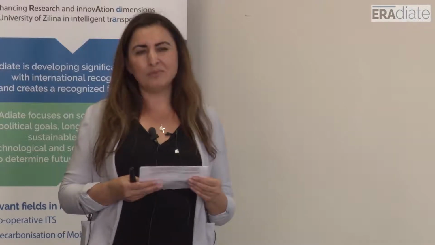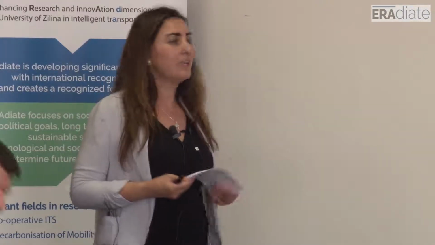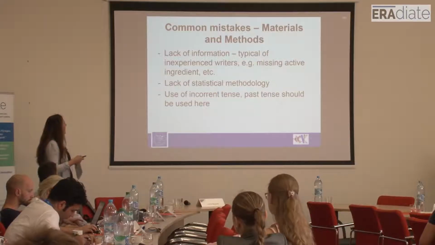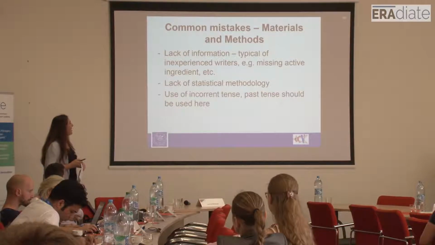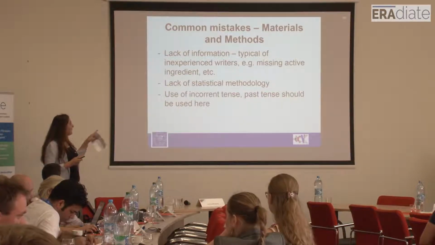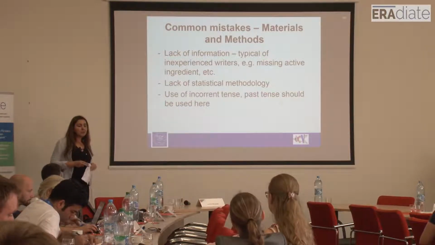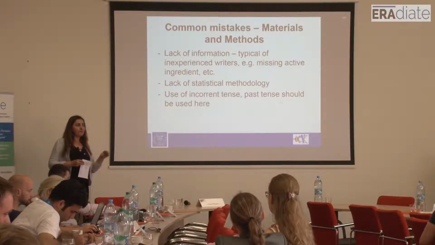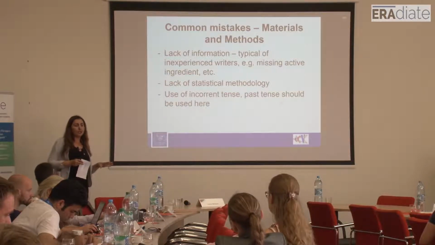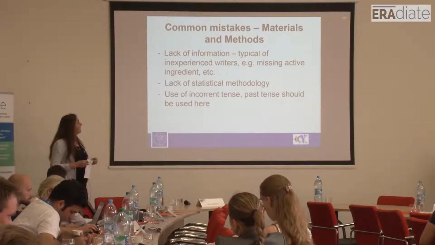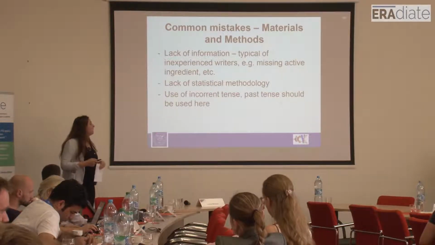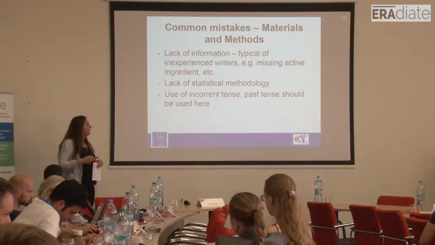Okay, so this was quite an important thing to specify. Lack of statistical methodology, use of incorrect tense, because past tense should be used here. Some sources say that in the introduction part, you should mostly use present tense, whereas in the materials and methods section, you should use past tense.